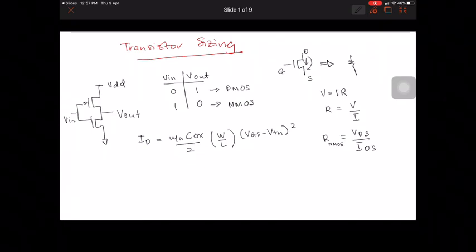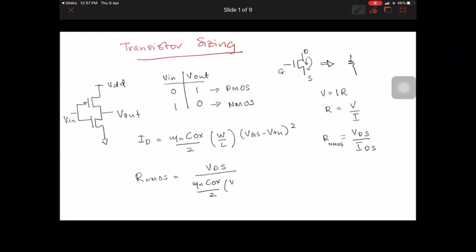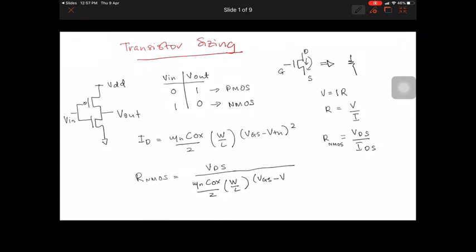So R of the NMOS equals VDS over IDS, and we know ID for the saturation is the one up here. So I'm going to substitute mu n COX over 2 W over L (VGS minus VTN) squared.